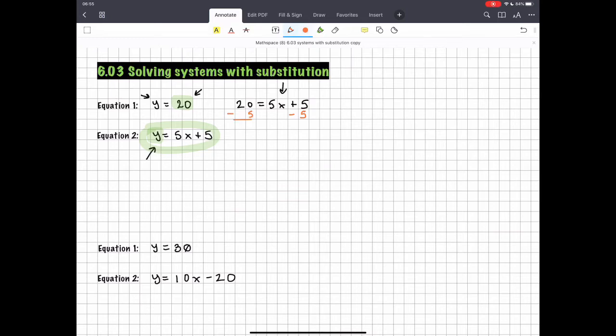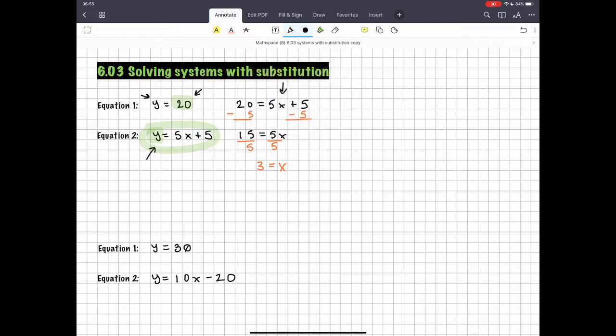So all of this is math we've done before. I get 15 equals 5x, and then divide both sides by 5, and we can see that x equals 3. So I now know that x equals 3.